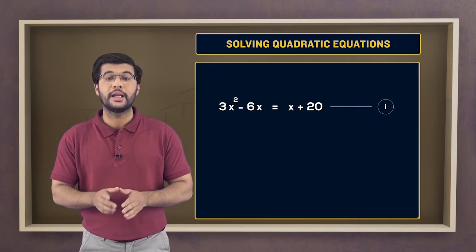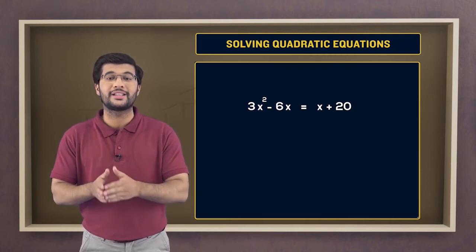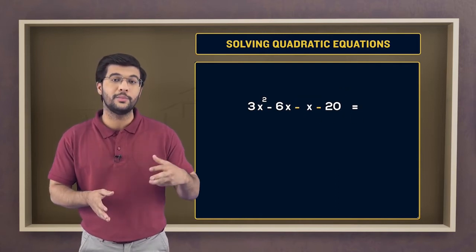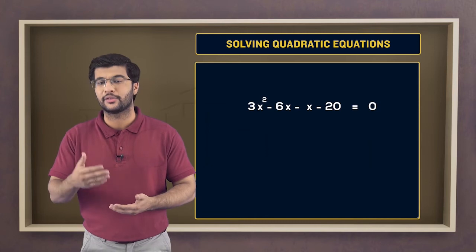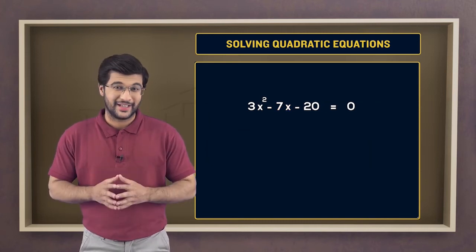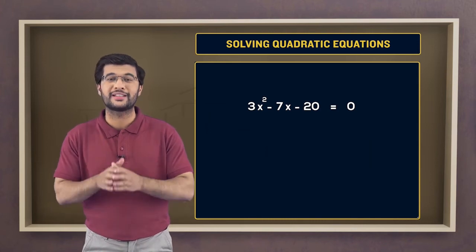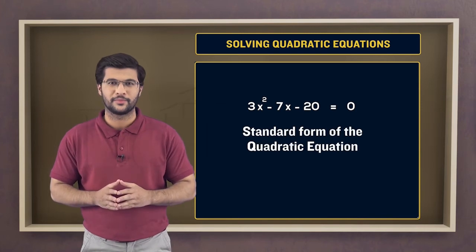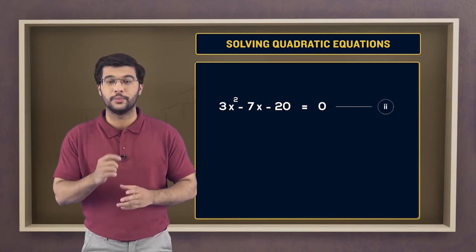Now, we'll bring it into its standard form by shifting x plus 20 to the left hand side, leaving 0 behind, and adding negative x to negative 6x. Great! This quadratic equation has now successfully been converted into the standard form. Let's call it equation 2.